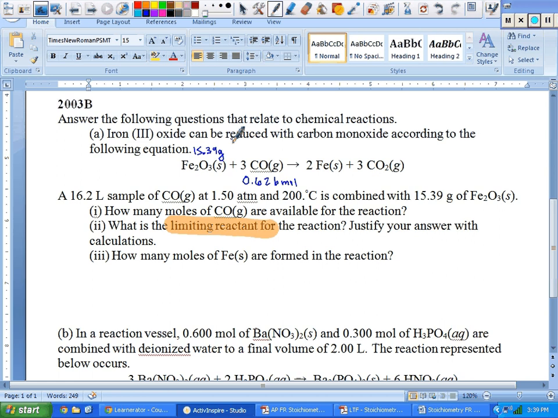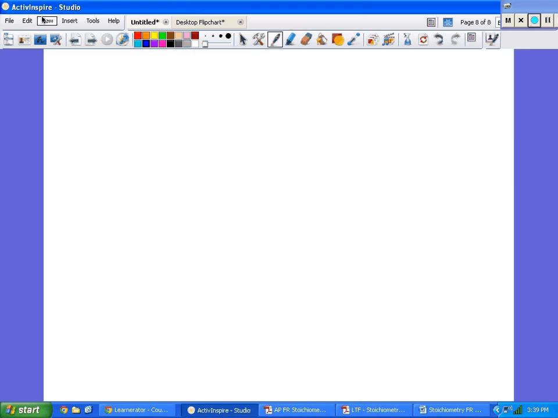Now, how did you even know that you were going to have to solve for this? Okay, remember, do you have two reactants? Do both of them have a starting amount? You're going to have to find a limiting reactant. There is a cheat for this. Remember, the cheat is limiting reactant is moles divided by the coefficient.